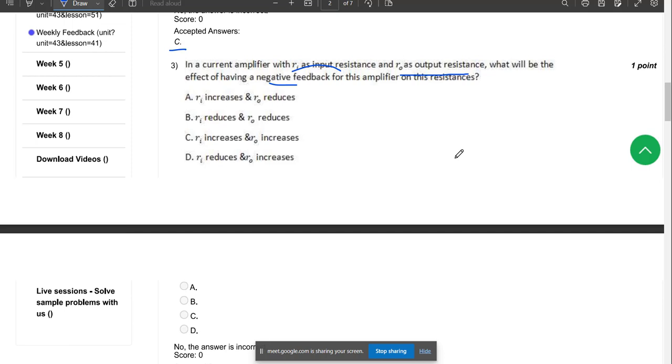So what will happen to these resistances? Firstly you have to realize what happens when negative feedback is given to a system. The first thing is, when a system gets negative feedback, its performance gets better. See, there is a system and it is working. It has some error, some problems.